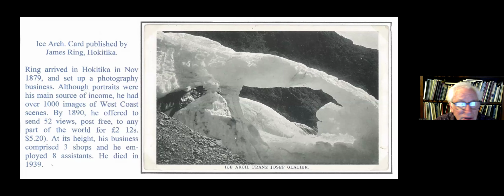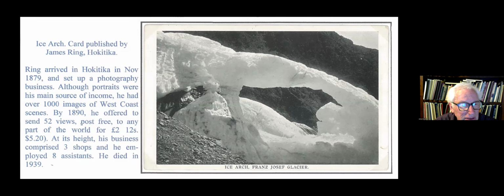This is an ice arch caused by uneven melting. This is a James Ring photograph. So again, I've got quite a lot of information here about James Ring. It's technical information about the postcard and the photographer who's involved. So he was based in Hokitika from 1879, and he had over 1,000 images of West Coast scenes, and he used to offer them in packages and individually.